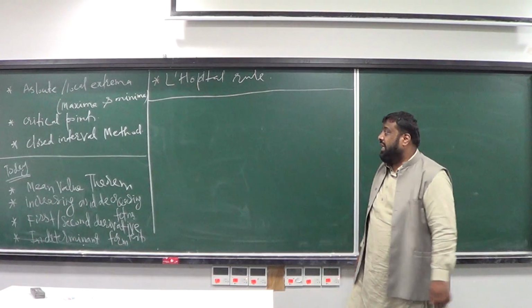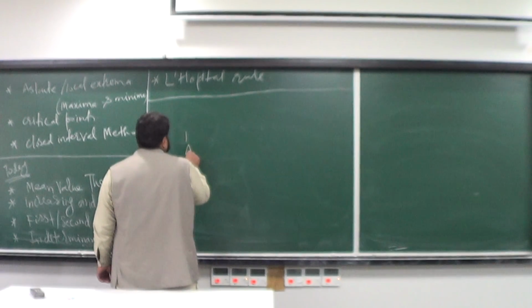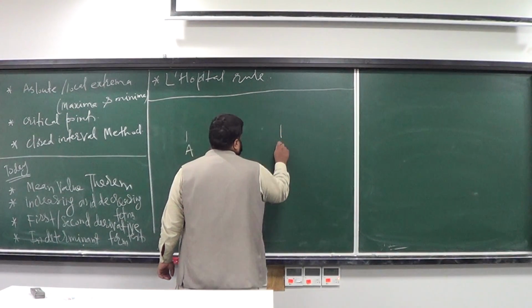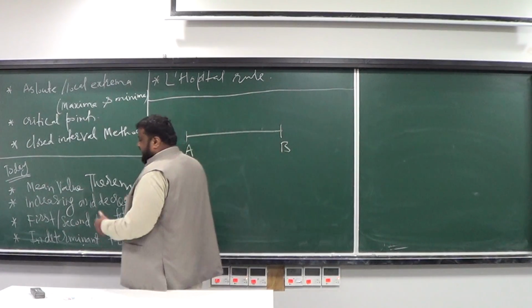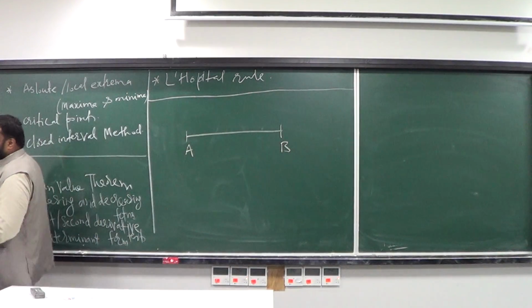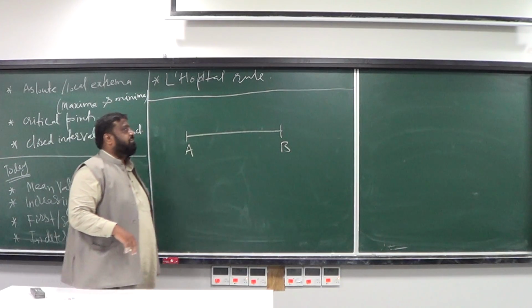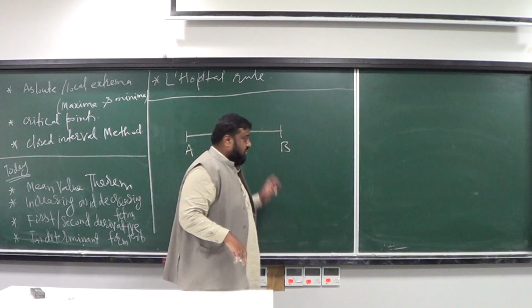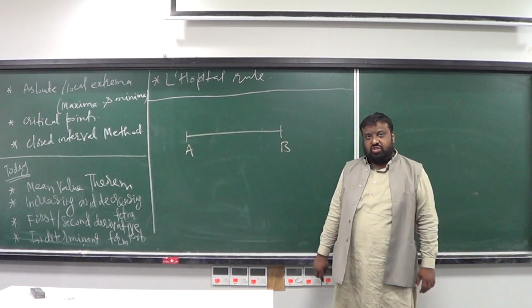Imagine you have two cities. Imagine this is city A and this is city B, and this is a highway going between city A and city B. You may assume this highway is like a motorway between these two cities.